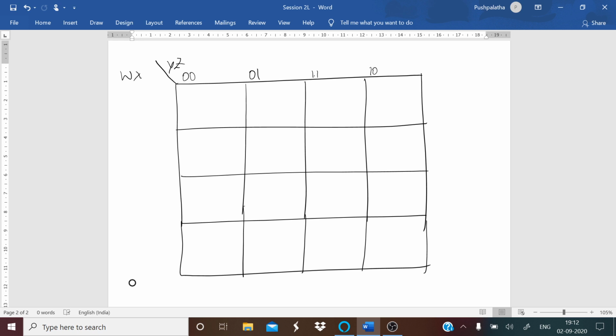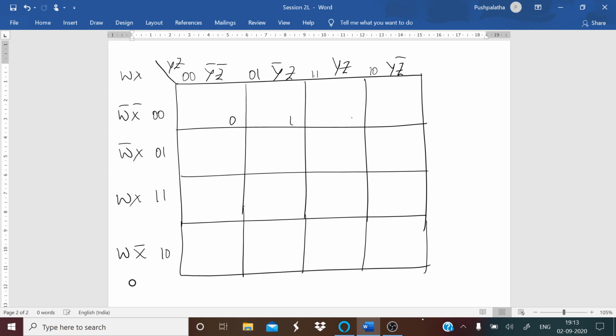The more times you practice, the more perfect you become, so keep on drawing as many times as possible. 0 0, 0 1, 1 1, 1 0, w bar x bar, w bar x, w x, w x bar, y bar z bar, y bar z, y z, y z bar.